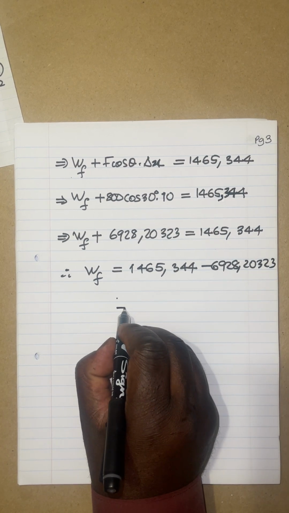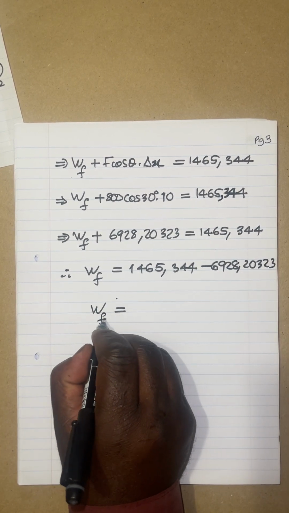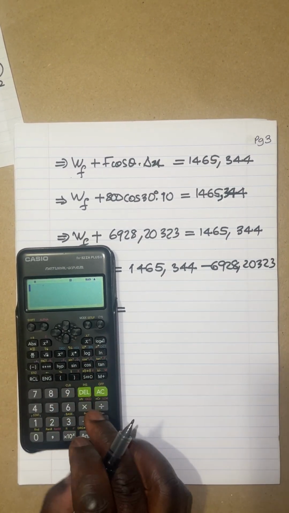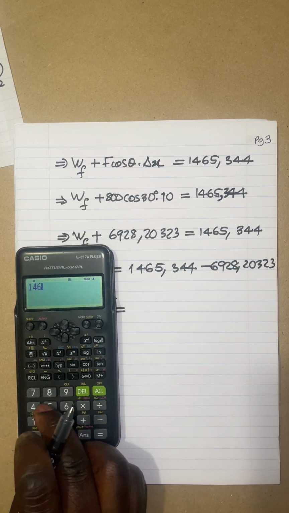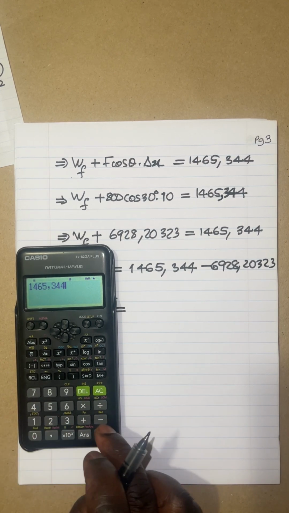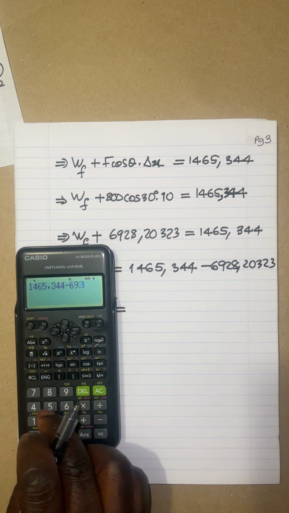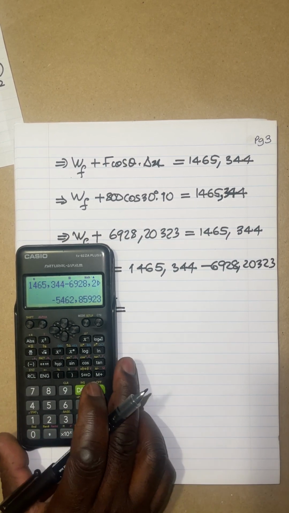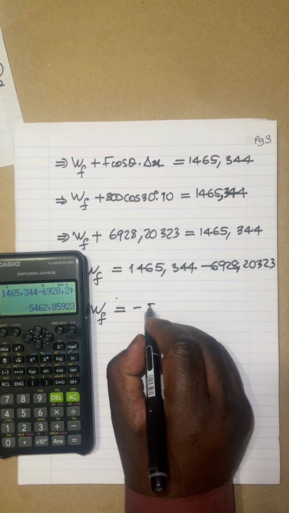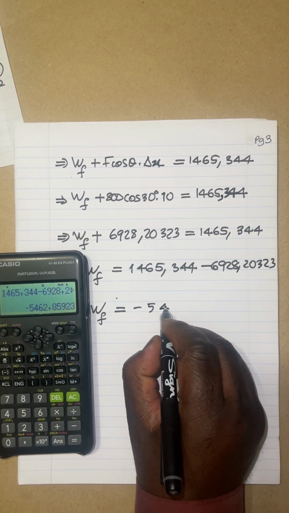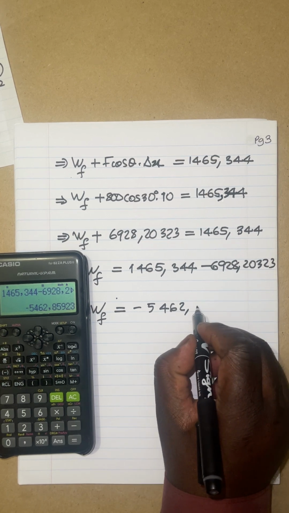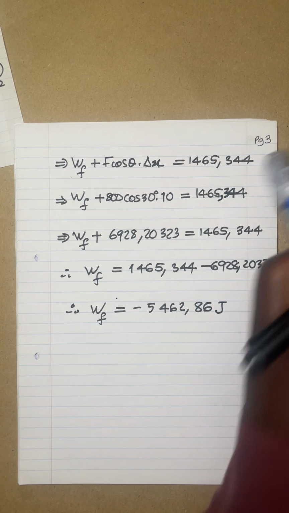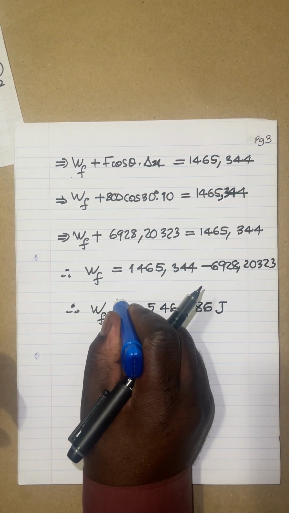And our answer, work done by frictional force, which is what we're required to find, is actually this number, 1465.344 minus 6928.20323. My answer is minus 5,462,86 joules to 2 decimal places. So that is work done by frictional force, and that's what the question required us to find.